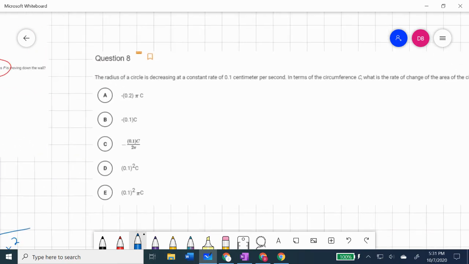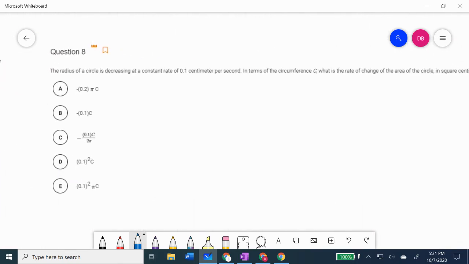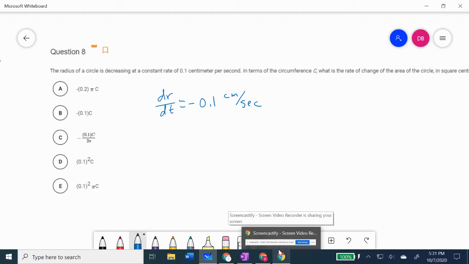And question 8. Here we go. The radius of a circle is decreasing at a constant rate. So I'm going to put down dR/dt is negative because decreasing, 0.1 centimeters per second. Now, in terms of the circumference, what is the rate of change of the area of the circle?